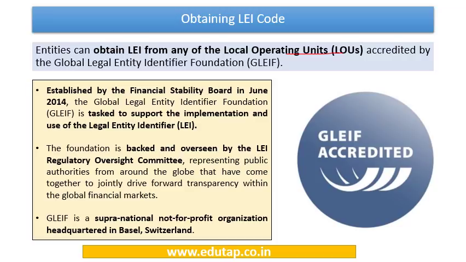This is basically the global foundation, but it has different branches across the world, and if you have to obtain this LEI number, you need not go to this particular global organization. You can simply visit any of the local operating units, which will allot you this legal entity identifier code.